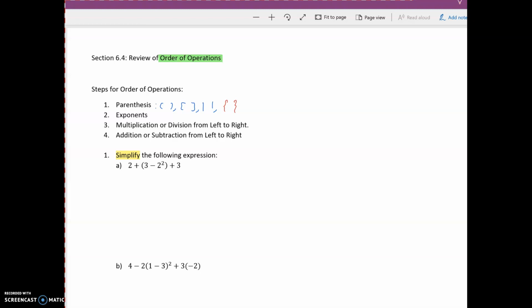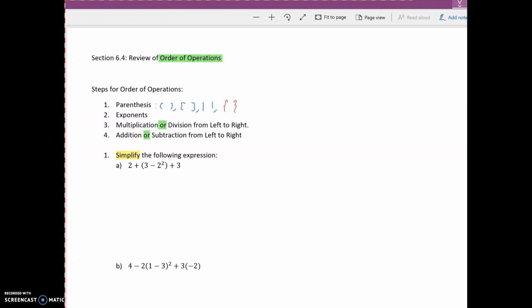In step 3, you're going to do multiplication or division, whichever one you see first from left to right. Also, addition or subtraction, whichever one you see first, and this one is from left to right. The only step you have to be very careful with is number 3, because you couldn't be adding if there are multiplications in between.